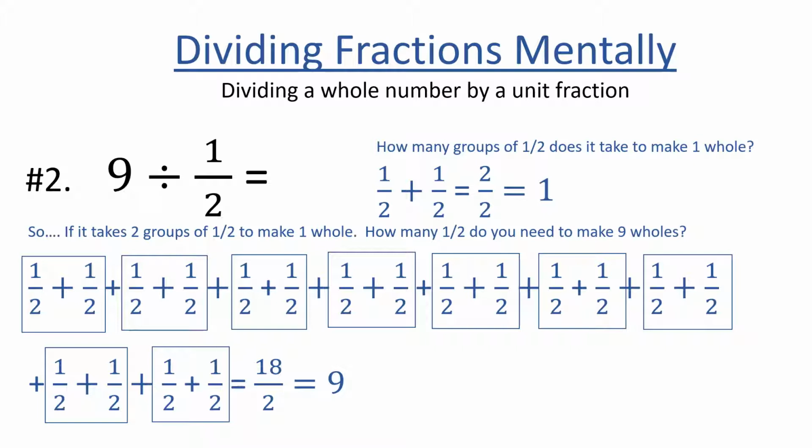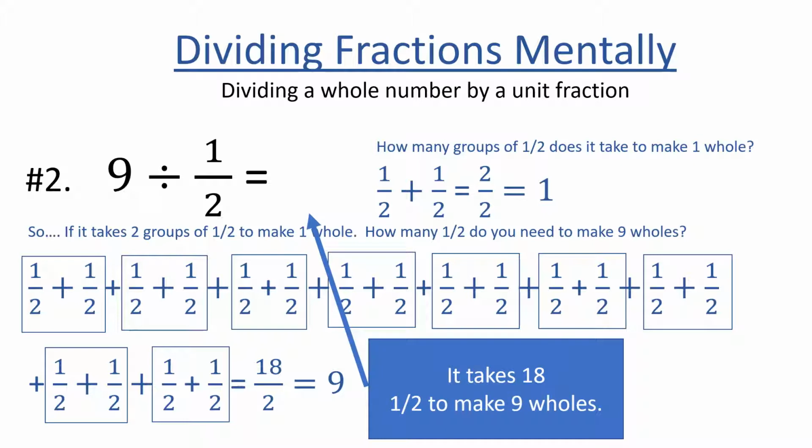And 18 halves equal 9 wholes. So it takes 18 halves to make 9 wholes. So the answer to the question is 18. 9 divided by 1/2 is 18.